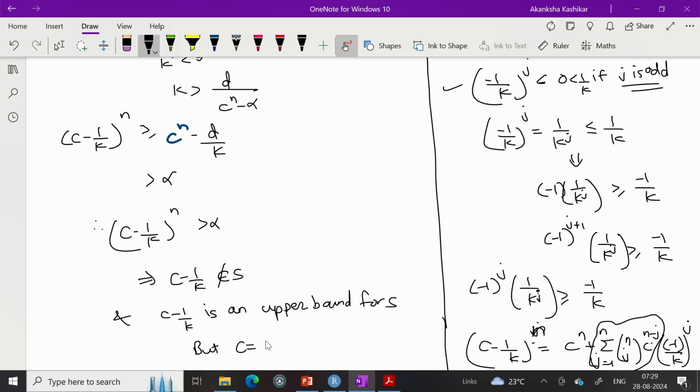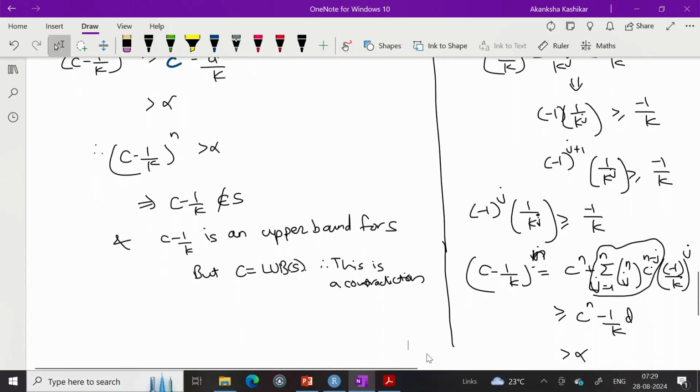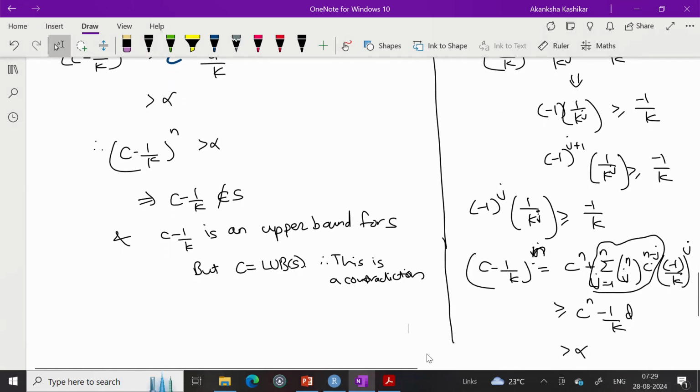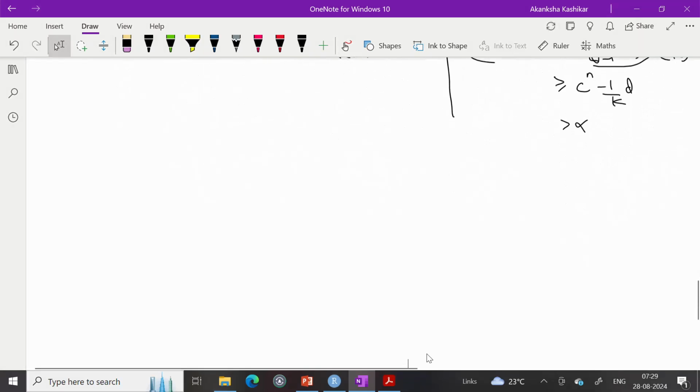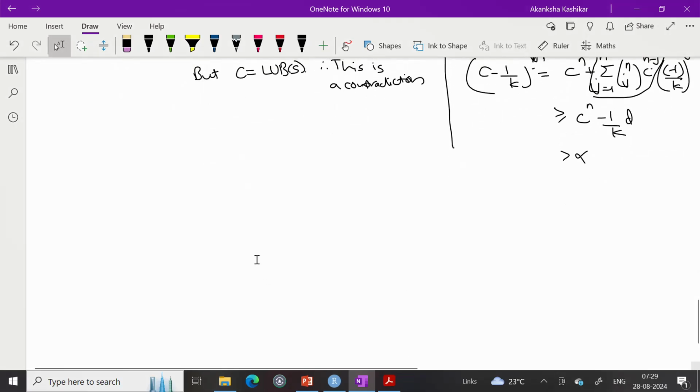Therefore, (c - 1/k)^n is greater than alpha, which means c - 1/k does not belong to S, and c - 1/k is also an upper bound for S. But c was supposed to be the least upper bound for S. Therefore, this is a contradiction.